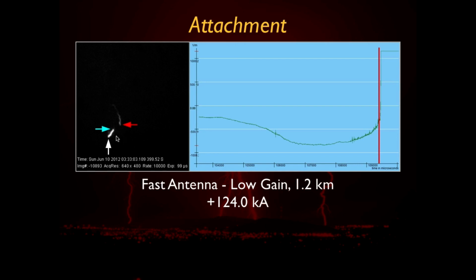Well, what this shows is that actually we had an upward connecting negative leader that initiates from the tower, and as we'll see as we play this video, the stepping that occurs in the fast antenna signal is associated with the initiation and development of the upward negative leader, not the positive leader. So in this particular case, the positive leader was relatively silent compared to the stepping associated with the negative leader when it developed and made the connection.